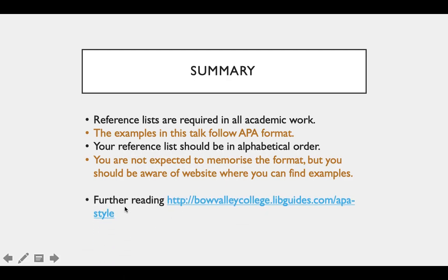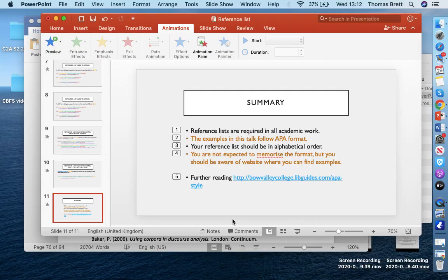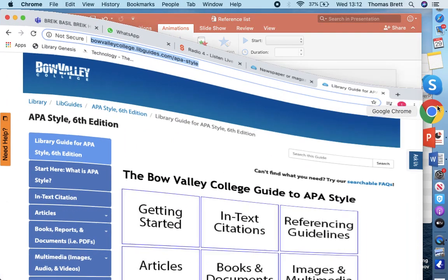So for further reading, this is quite a nice website, Bowley Valley College, and it outlines quite easily and simply how to put together some different reference list entries. Maybe I have it here, we can have a look.